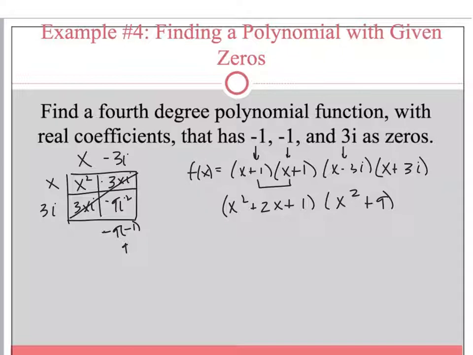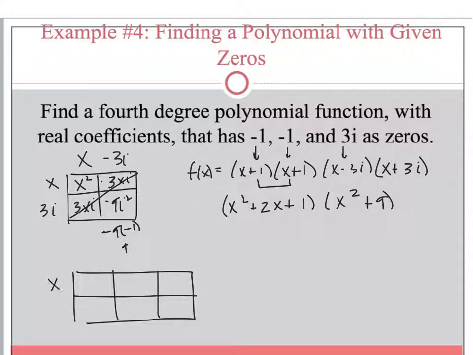Now we have a trinomial times a binomial, so we'll go ahead and use another box to finish this problem. Again, this is a 2 by 3, so we'll have x squared and 9 out to the side, and then x squared, 2x, and 1. That'll give me x to the fourth, 9x squared, 2x cubed, 18x, x squared, and 9.